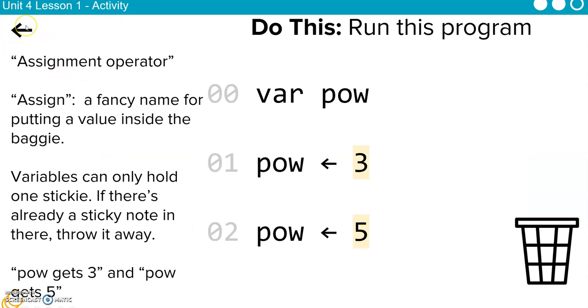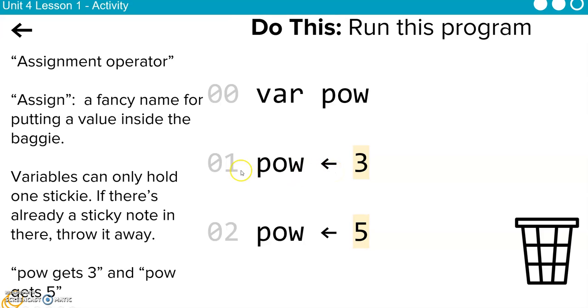Because this course lets you use any language you want to do the assignment, which you're used to using as an equal sign, we are just using this arrow. So we're saying this value, 3 in this case, is being assigned to pow, or pow is set to the value of 3. This is called the assignment operator, and it just sets it to that.